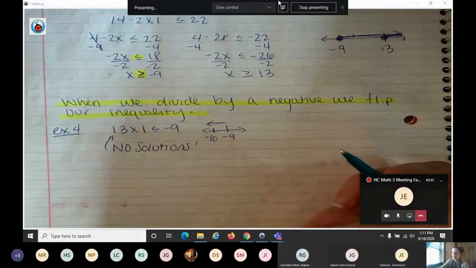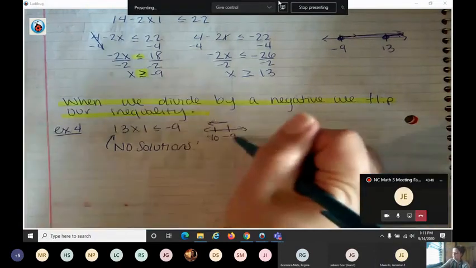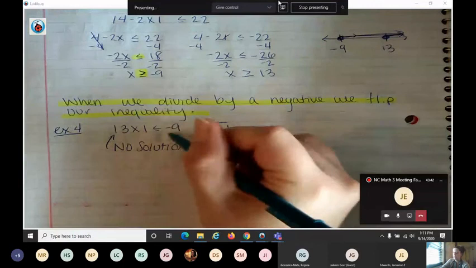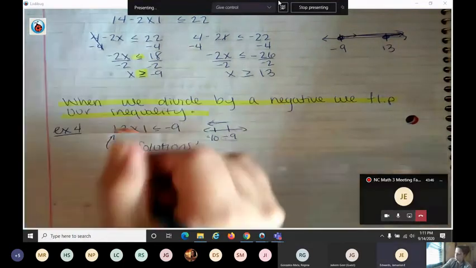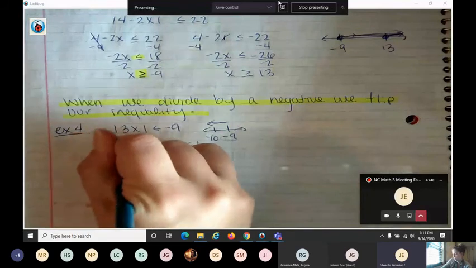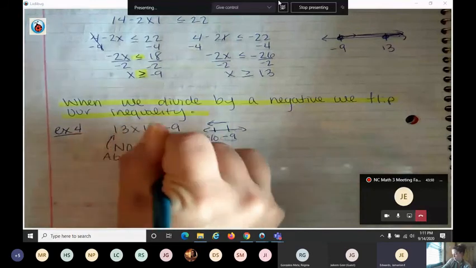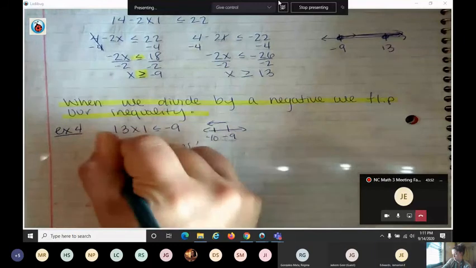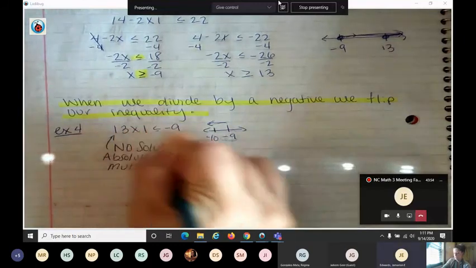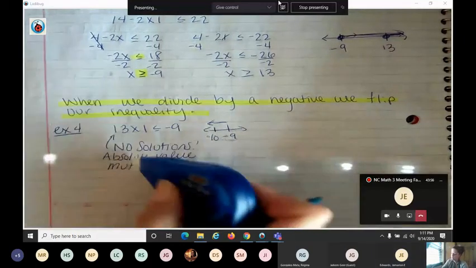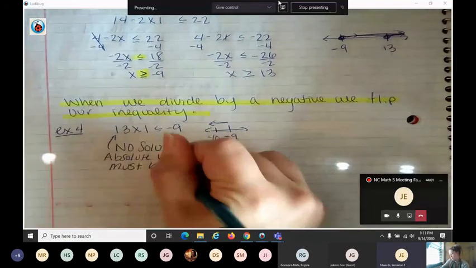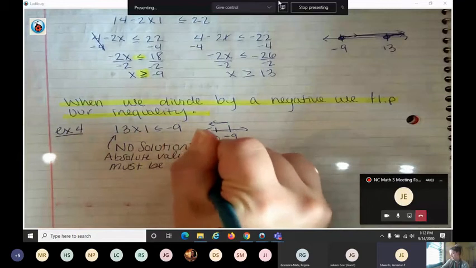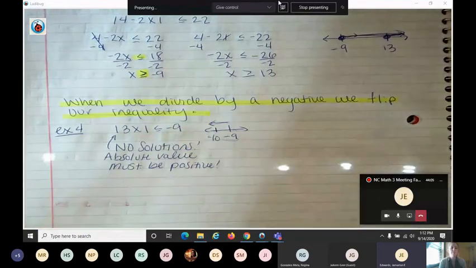No. So because -9 is not positive and nothing less than -9 will be positive, we have no solutions. Oops, I spelled must wrong. Must be positive. Okay, thank you very much.